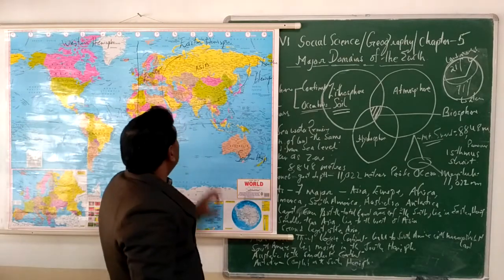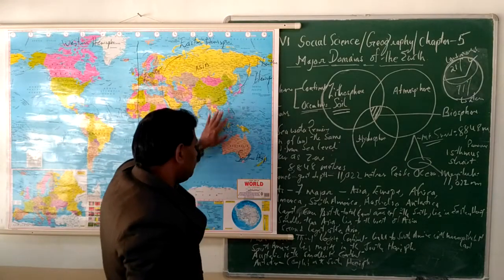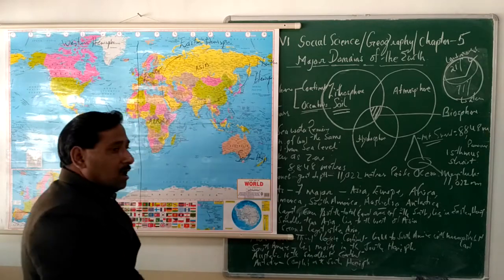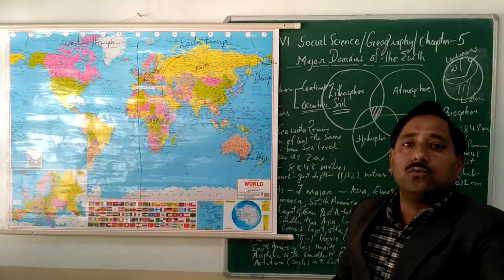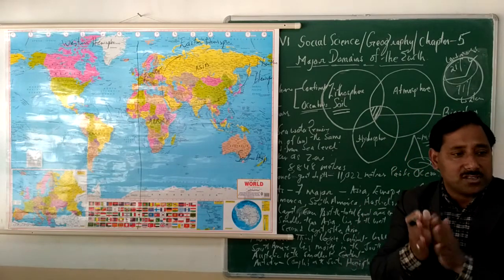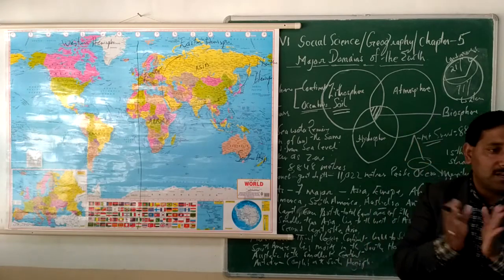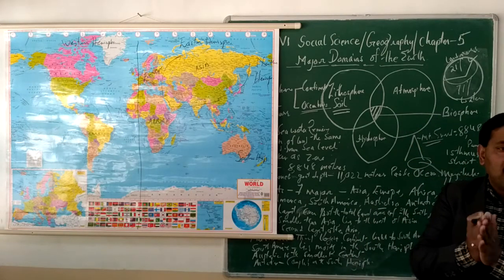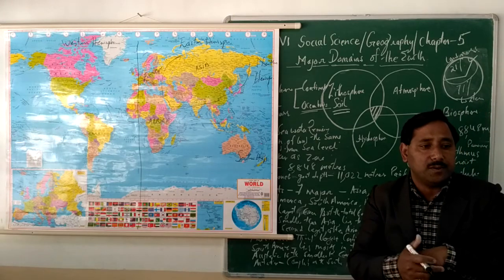Now, the important thing about Asia, one by one, as I discussed, we should know the different characteristics. So Asia, as you know, is the largest continent and it covers 1/3 of the total land area of the Earth, and the continent lies in the eastern hemisphere.